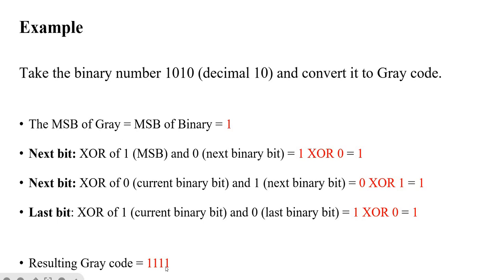Now to get the last bit of the gray code, again you have to go for the current binary bit, that is 1. That has to be XORed with the last binary bit, that is 0. So here you will get 1 XOR 0 as 1. So your resulting gray code is 1111 for the binary number 1010.